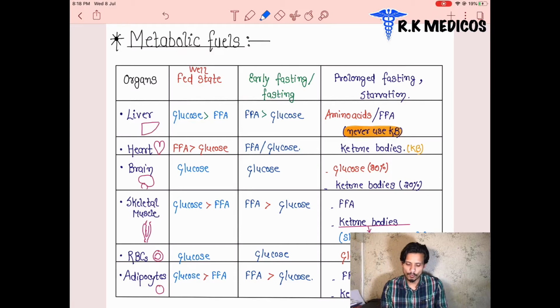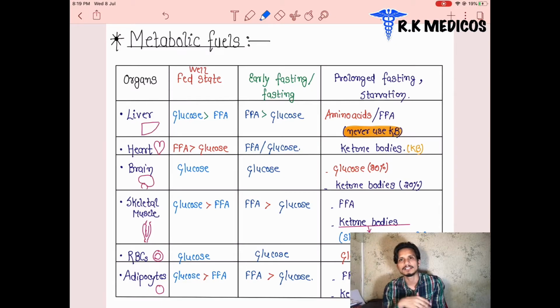So we are going to discuss which main organs utilize which energy sources, and in which state: the fasting state, the early fasting state, or the well-fed state. Suppose our brain is in the well-fed state, like a normal person eating a normal balanced diet. What energy source do these organs use in the well-fed state, and what do they use in early fasting, fasting, or prolonged starvation?